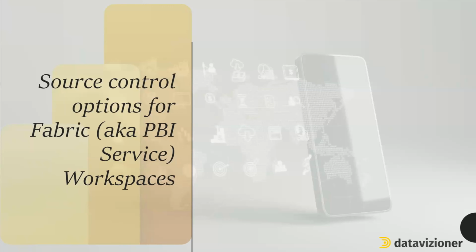We also integrated and committed all the changes into either GitHub or DevOps. Now, what are our options in Fabric? It really depends on our licensing plan. Depending on the licensing plan that we are on, we have different options. Unfortunately, for Pro, we do not have a lot of options.